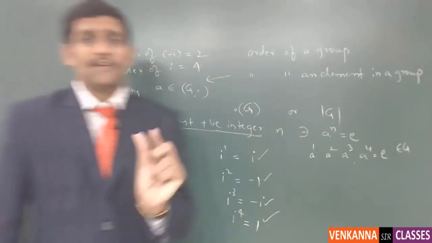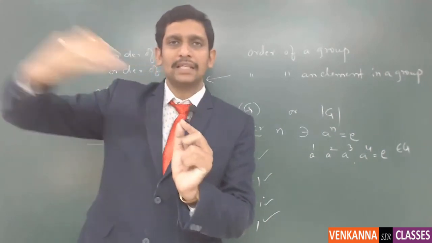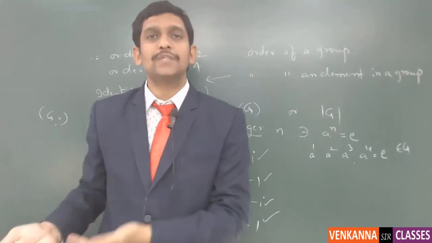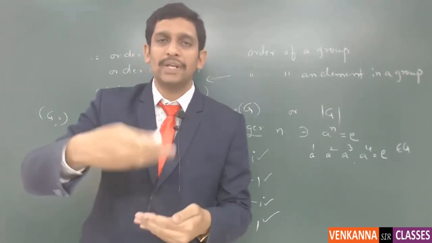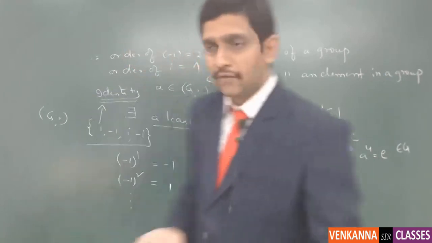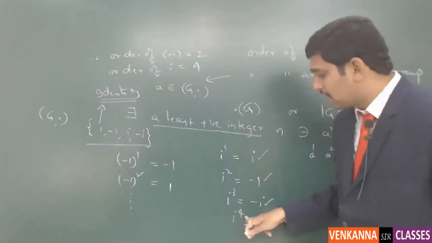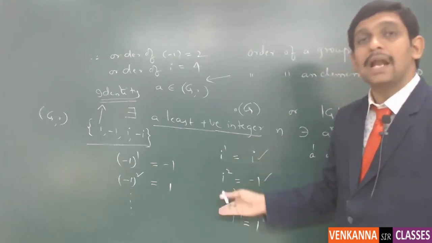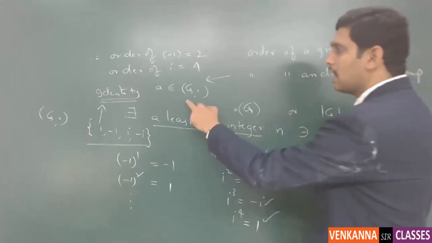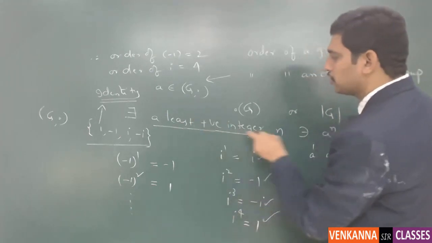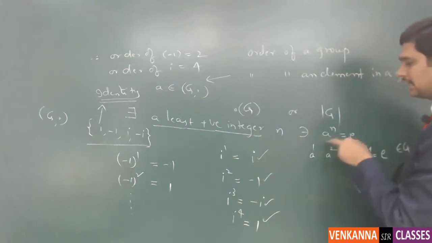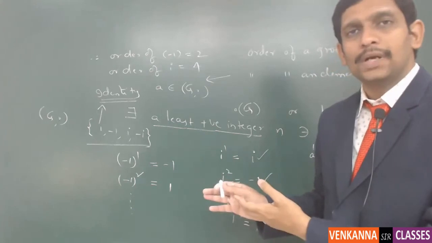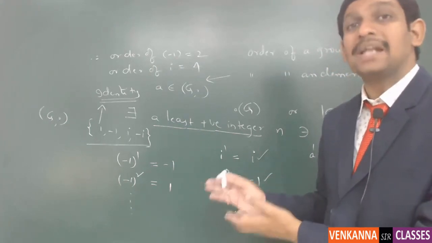Whenever you take an element, while raising the powers, all these values will belong to the group, because by the closure law it is possible, as you are performing the operation on the element. And one more thing is, the power is the smallest one, so if you take any power less than this, you cannot get identity. That is why we call order the least positive integer n such that a power n is equal to e. We are considering the group with the operation multiplication here.